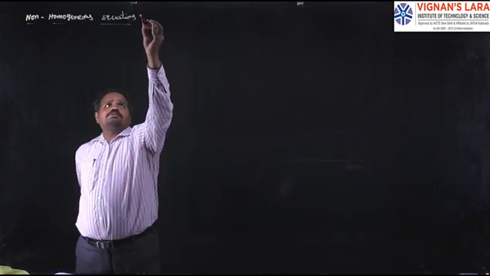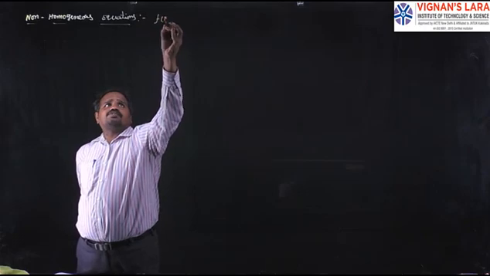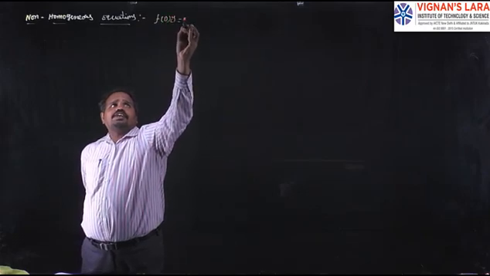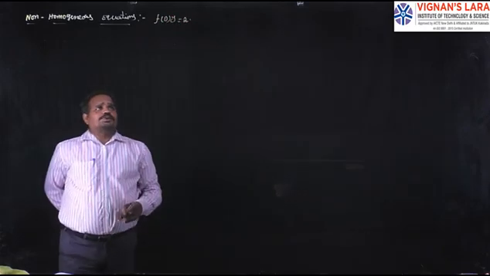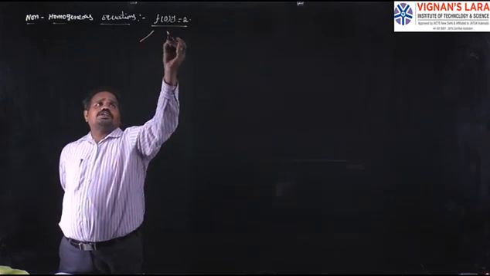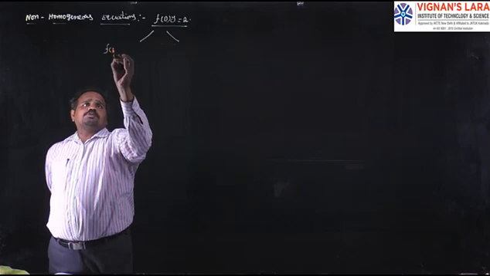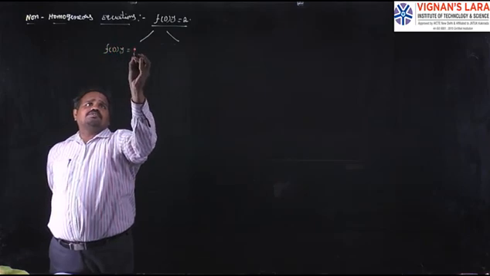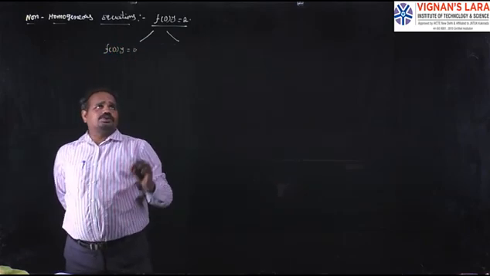A non-homogeneous equation means one of the form f of D into y is equal to Q. So this equation has two solutions. One solution corresponds to the equation f of D into y is equal to 0.